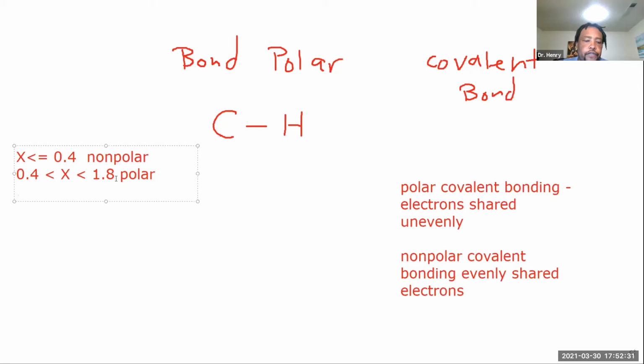And if X is greater than or equal to 1.8, then it's considered to be ionic or have ionic character.